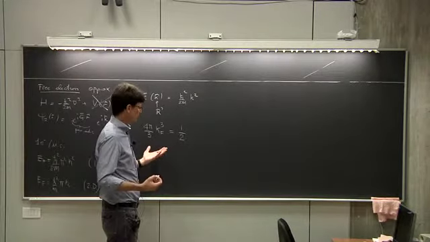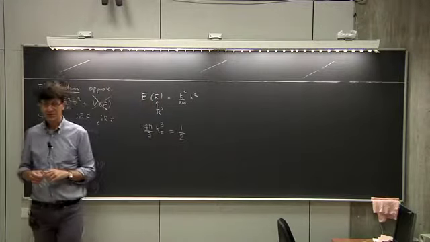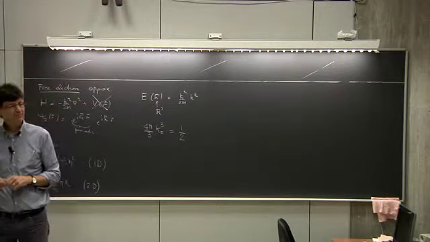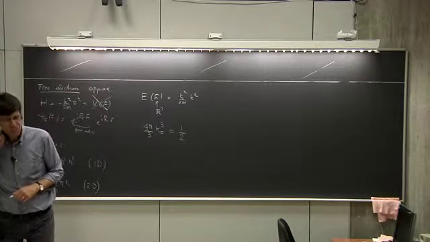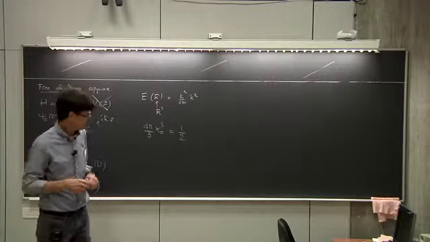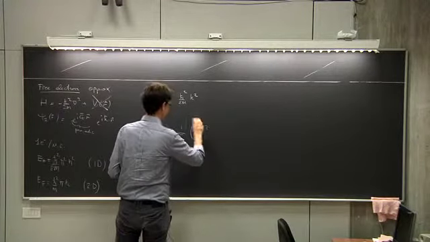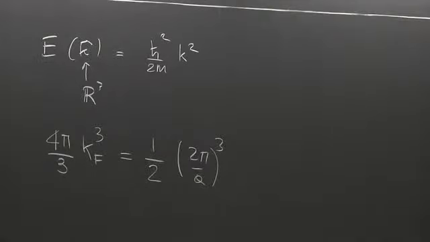So let me do it for a simple cubic lattice. The volume of the Brillouin zone for a simple cubic lattice is 2 pi over a, cubed. Excellent.